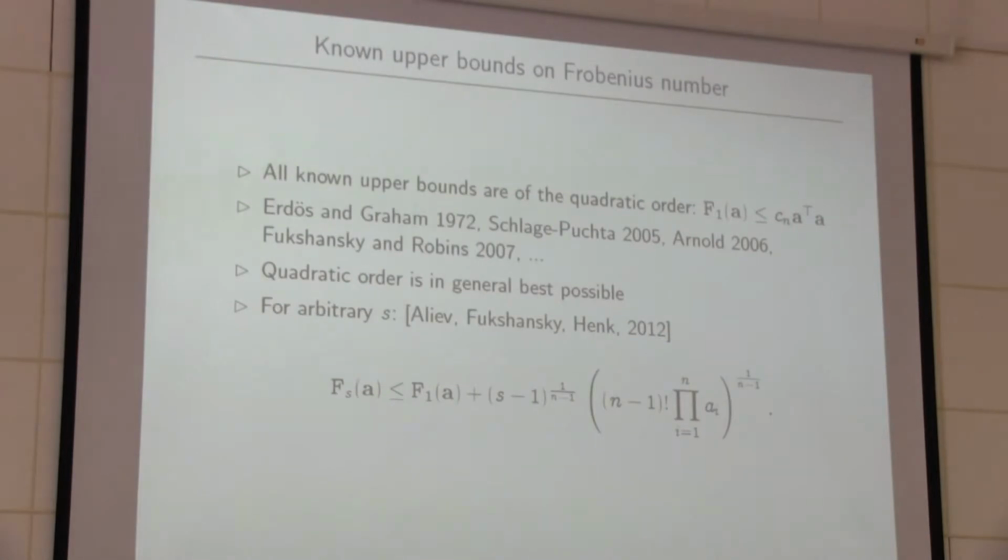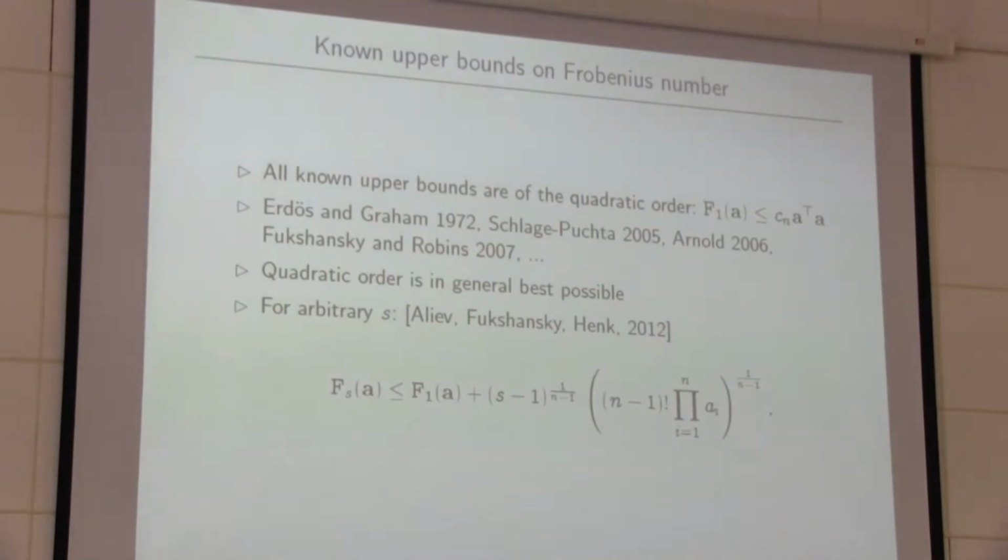In the literature there are very many various upper bounds for the Frobenius number, and all of them correspond to different normalizations. One can say that one is better than others, and some are better for particular input vectors, some are better for others.